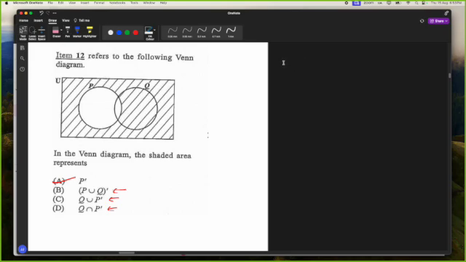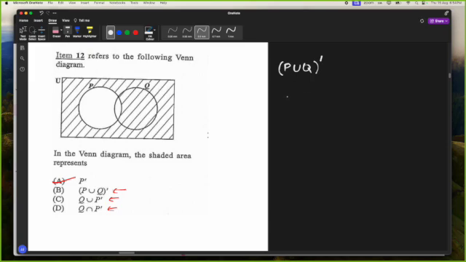But let me do the others. So B here, we have brackets first of all, right? And if you look at the first set of questions, you'll get used to seeing those brackets. I have P union Q inside the brackets, and then outside the brackets a complement.